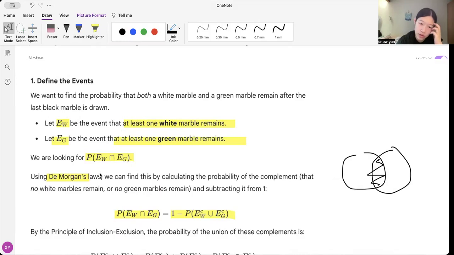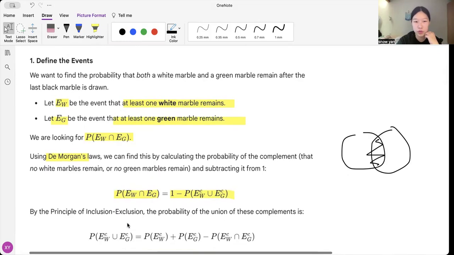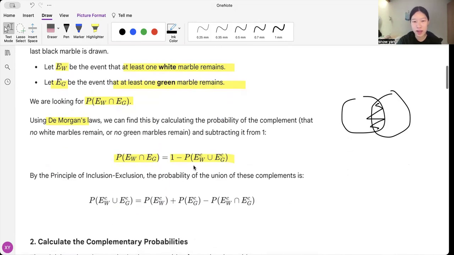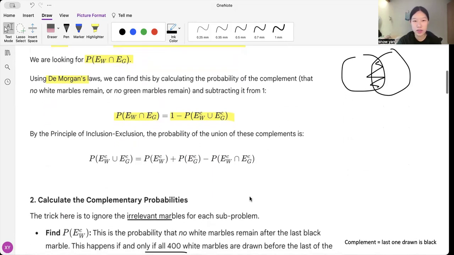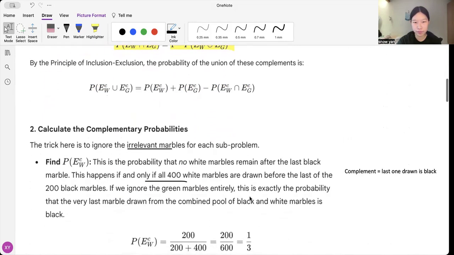Using De Morgan's law, P(EW and EG) is equal to 1 minus the probability of the union of the complements. And we know that the union of the complements can be rewritten using the principle of inclusion and exclusion as the following.